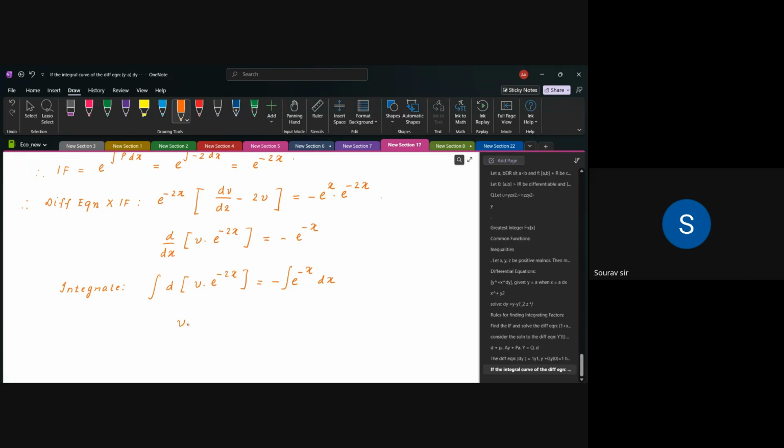So this will become v into e to the power minus 2x is equal to e raised to the power minus x plus c. Correct?